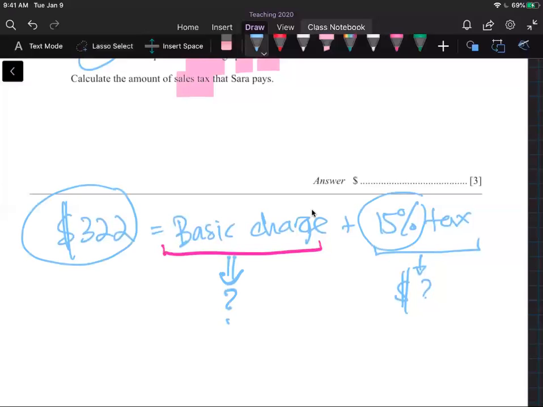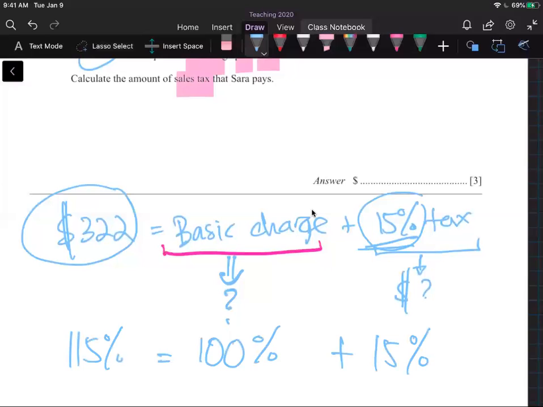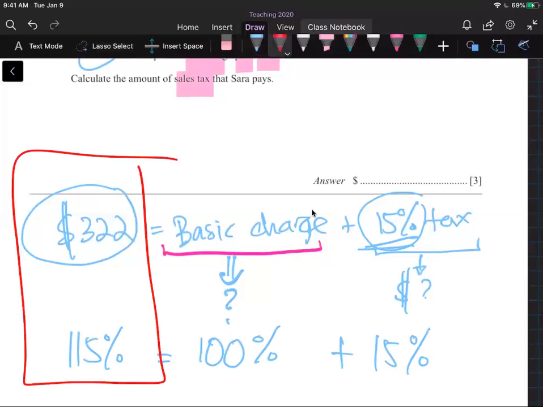Okay, let's talk about percentage. Why does it give a percentage here? I can only relate a percentage to another percentage. So the basic charge percentage would be, since it's basic, original, 100% plus 15%, which is equal to 115%. So in other words, 115% represents the $322.